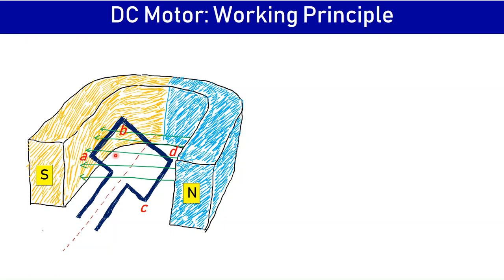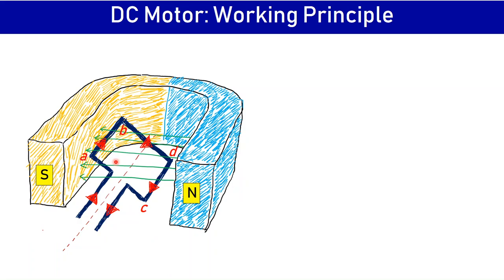Now we give electrical energy to this coil by supplying a current through it. The current is such that it enters at A, and in the conductor AB it flows from A to B, while in the conductor CD it flows from D to C and then it comes back.